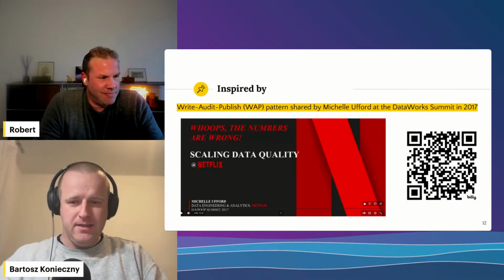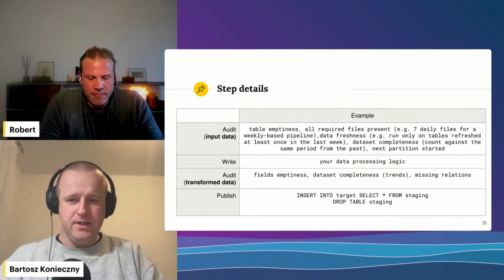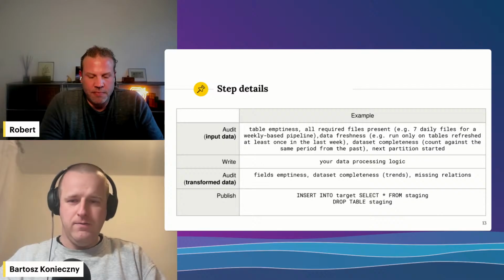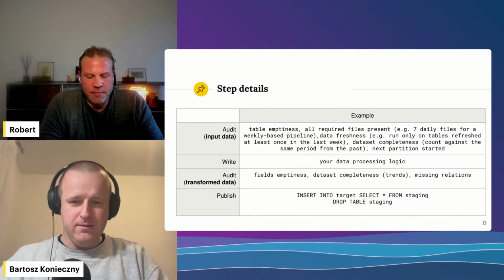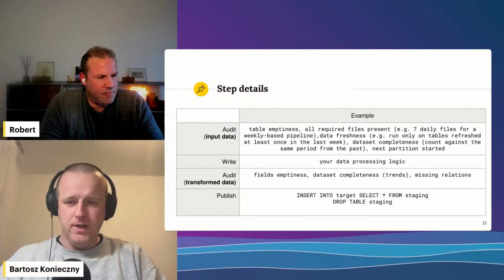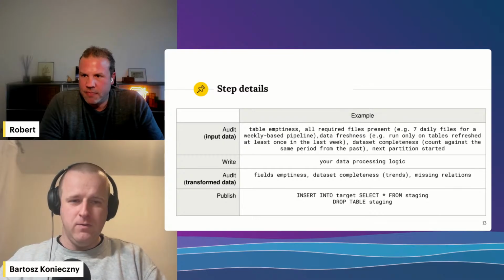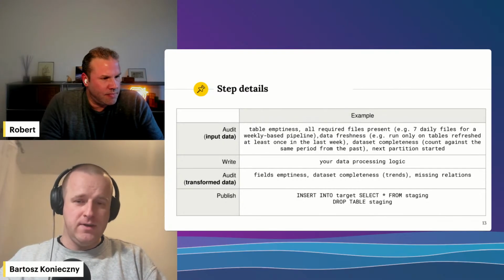And I just extended this write audit publish with an additional audit step in the beginning that targets mostly your requirements for starting the processing. You can consider it a bit like a readiness flag, where you verify, of course, obvious things like whether the table is not empty, or, if you're doing some weekly processing and you have one file per day, whether all the 7 files are present for processing. You can also validate the freshness.